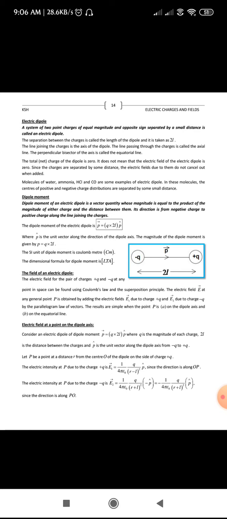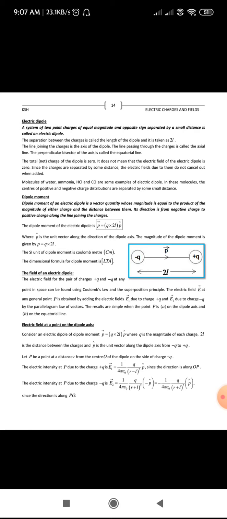The line joining the two charges is called the axial line, and the perpendicular line drawn to the line joining the two charges is called the equatorial line.